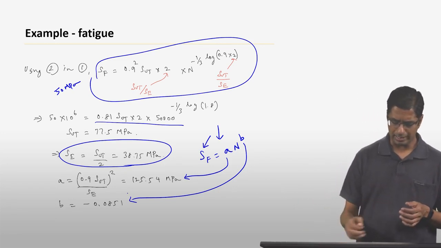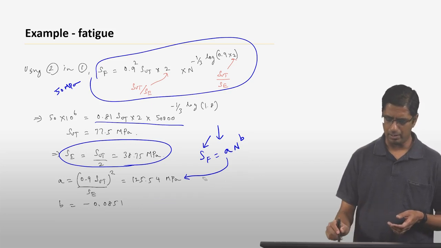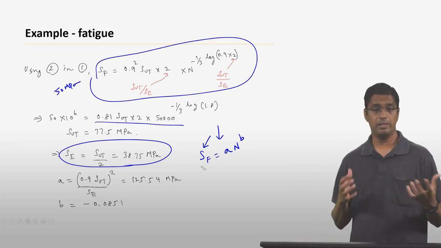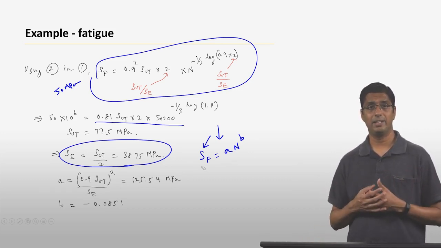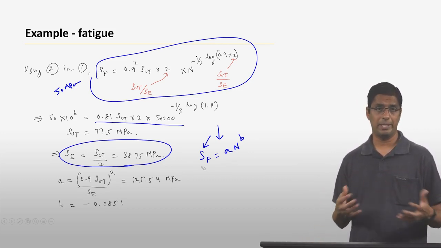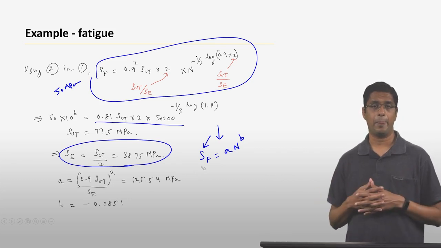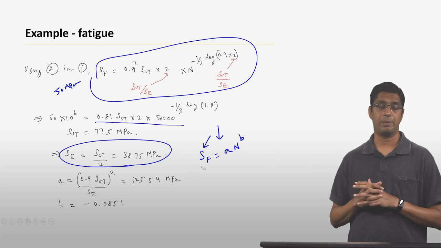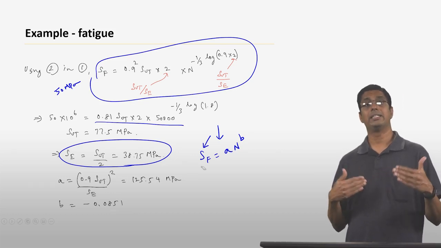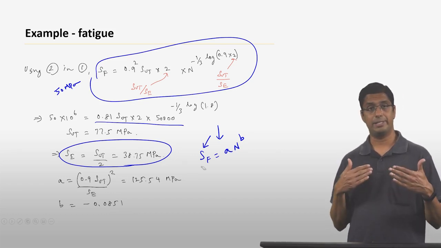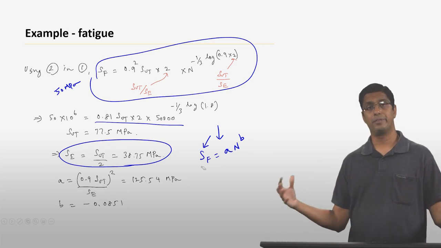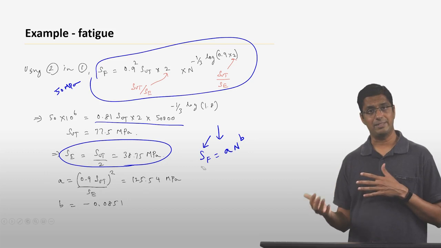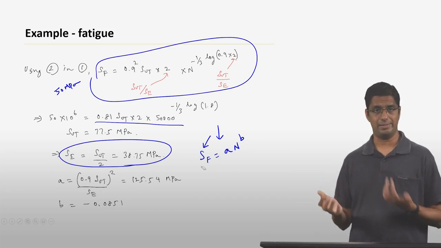Okay, so this is again a fairly simple example of using the theory that you have learned in terms of fatigue to solve a problem related to a shaft under cyclic loading. There can be variations of this problem. For example, you could be given the endurance strength and the number of cycles to failure in two different loading conditions, and be asked to calculate SUT and SE.